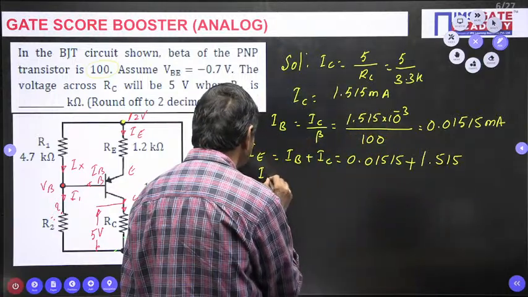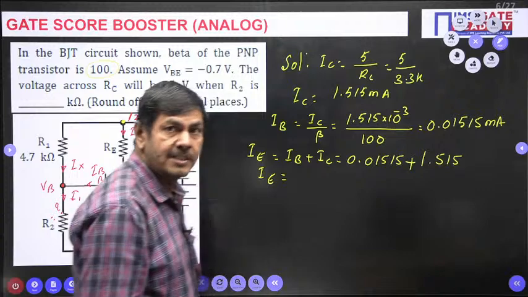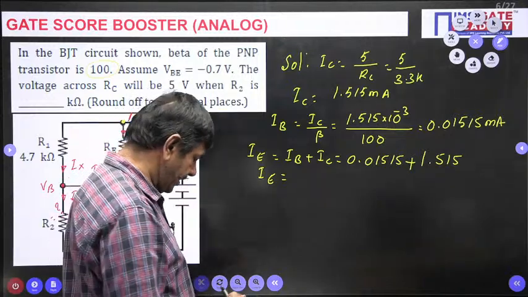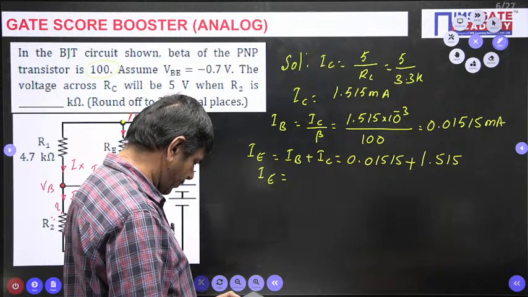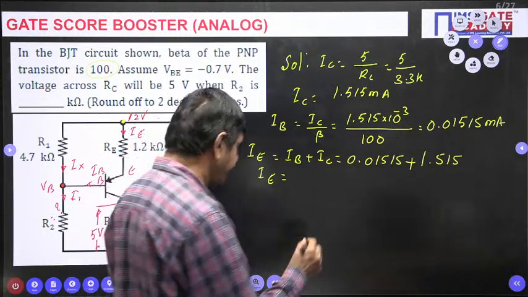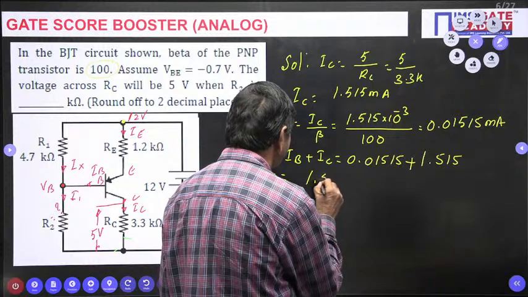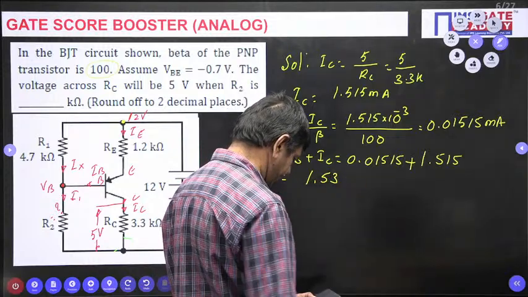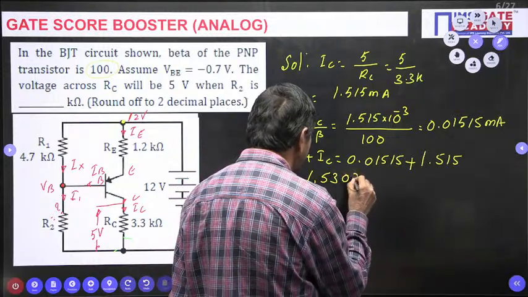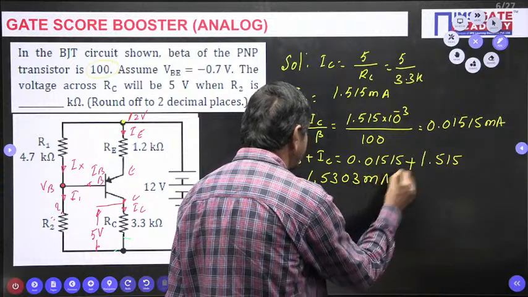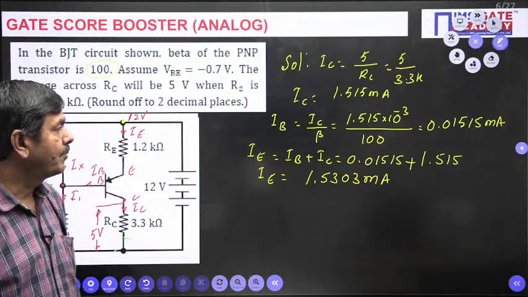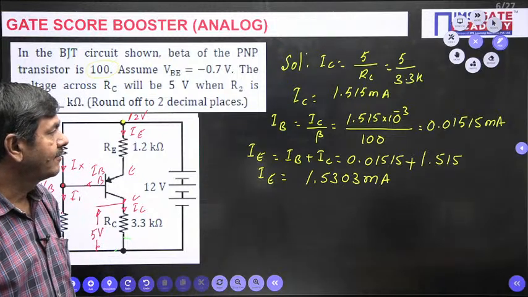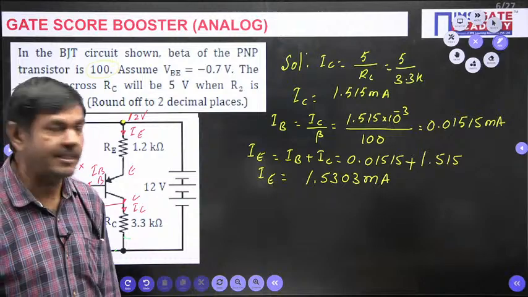Then I can measure IE. Its value is 1.5303 milliamperes. That much emitter current is possible.